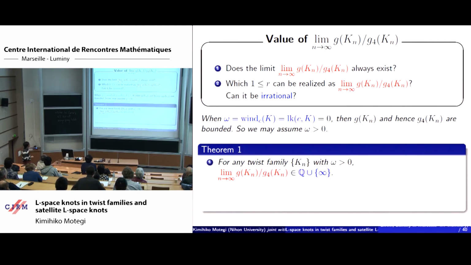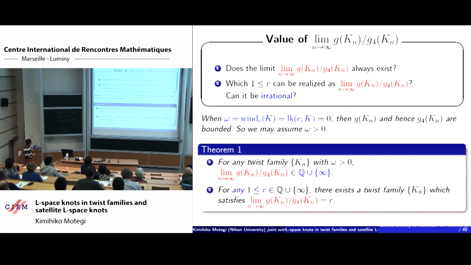For any twist family Kn with non-trivial winding number, the limit of the ratio of the Seifert genus to the slice genus of Kn is infinity, or otherwise it must be a rational number.